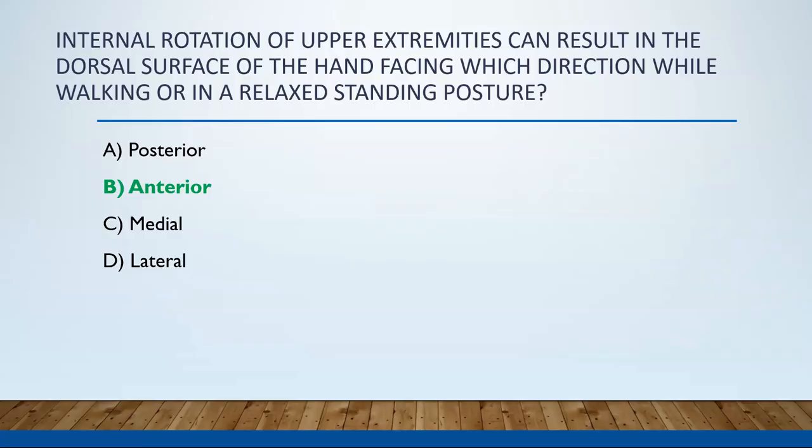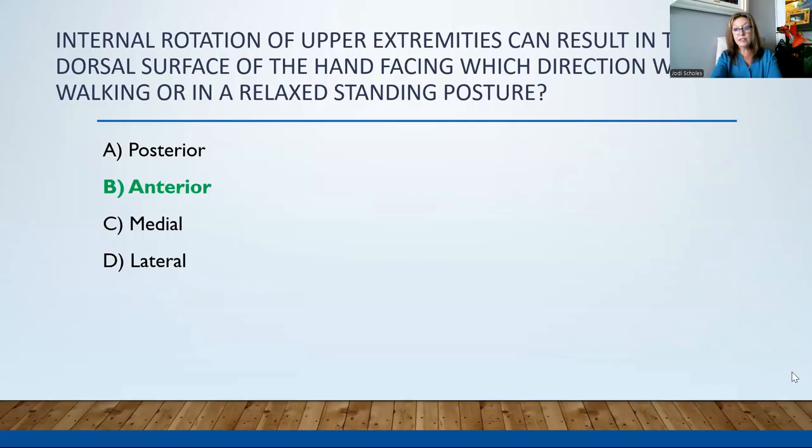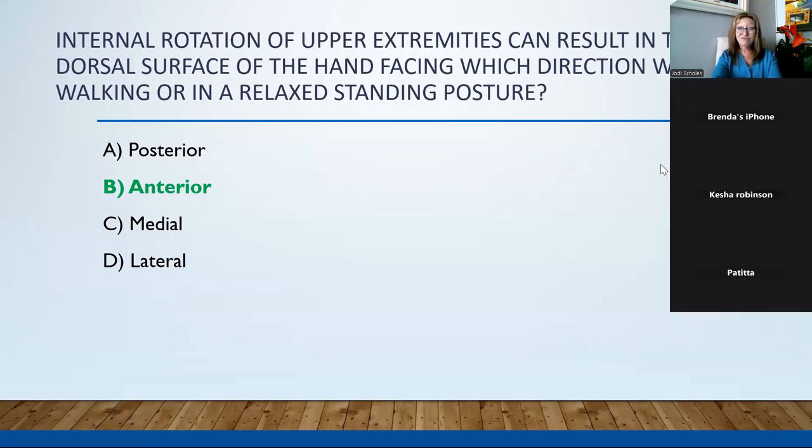In anatomical position, guys and gals, the dorsal surface of the hand is facing posterior.